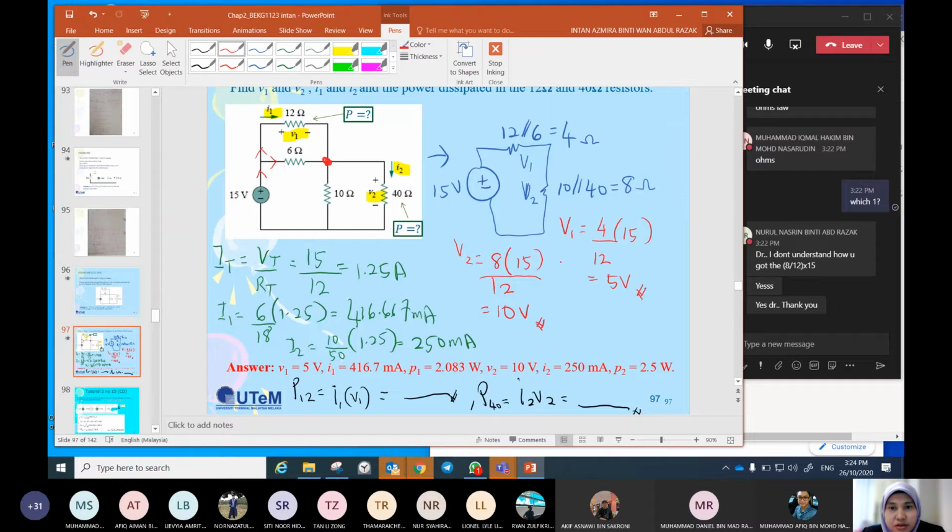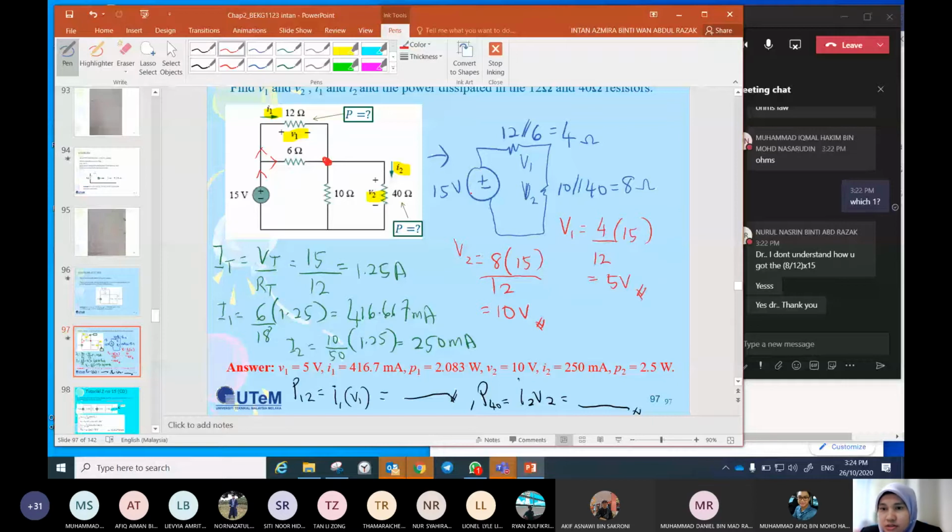So we notice that V1 plus V2 is equal to the supply voltage: 10 plus 5 is equal to the supply voltage. That's why we call it a voltage divider. The 15 V source divides its voltage among the resistances connected in series.